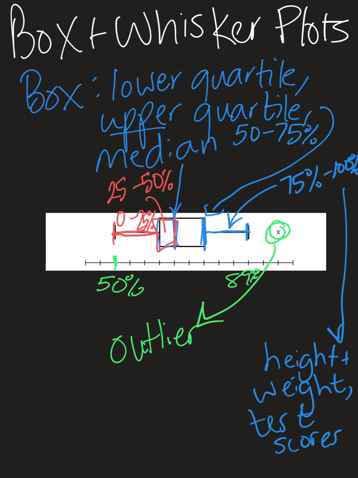But there was one person who randomly got a 100 who's all the way up here. That would be our outlier because it was so far away from the rest of the data that it just didn't fit in with this information. And if I tried to include it, it would make it look weird and like it doesn't fit in, okay? So outliers are data points that don't fit in with the majority of the rest of the data.